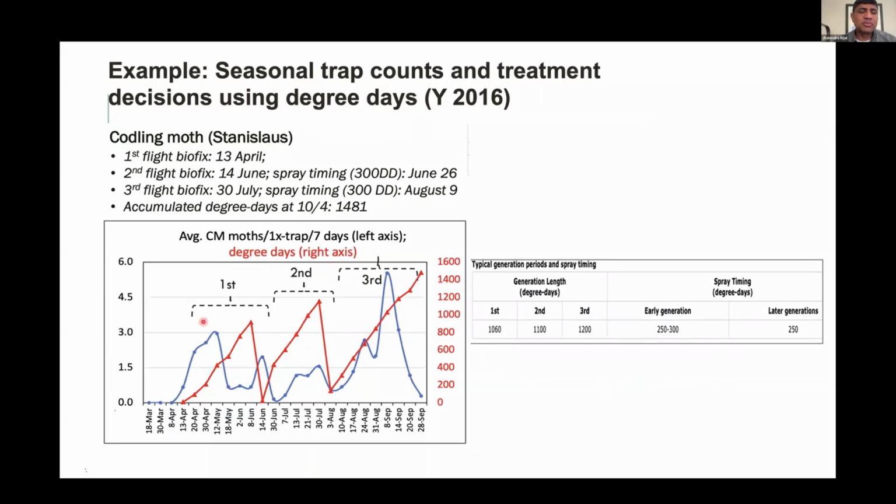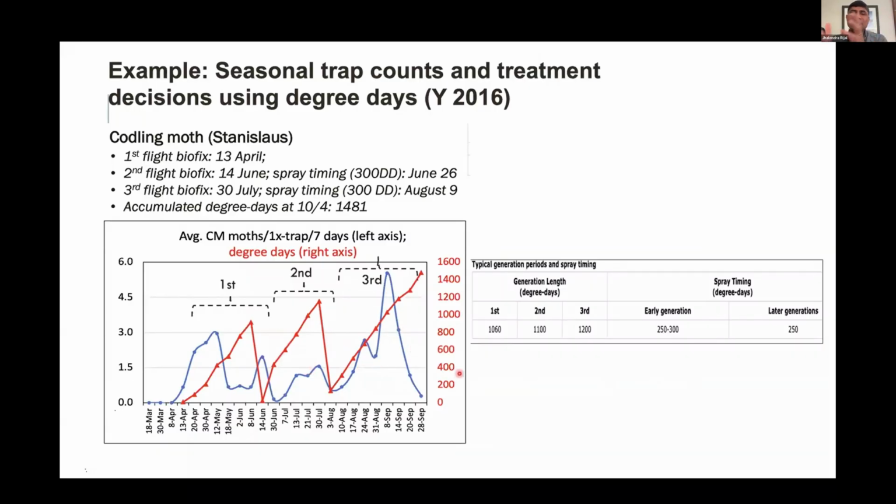What is important here is to find out when their population activity begins, then use the traps and the degree day model to figure out the timing. As the first generation goes down, you continue to check the trap. When the number starts increasing, that would be another flight, and then it goes on like that.